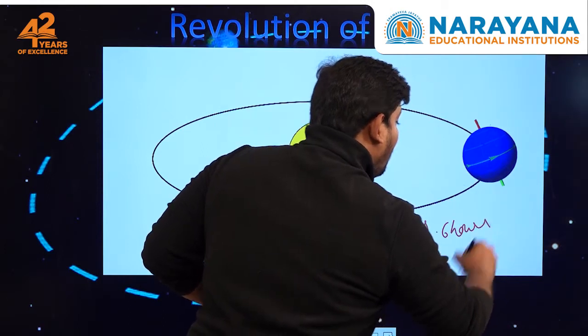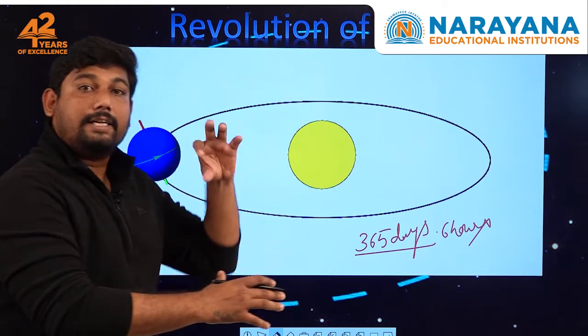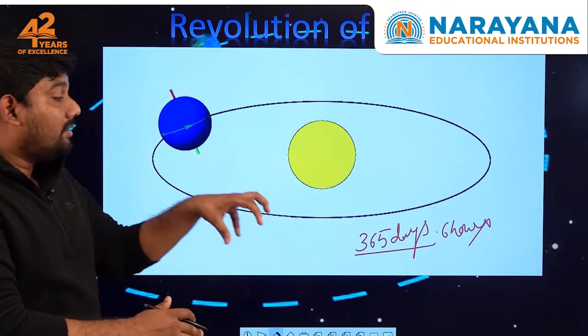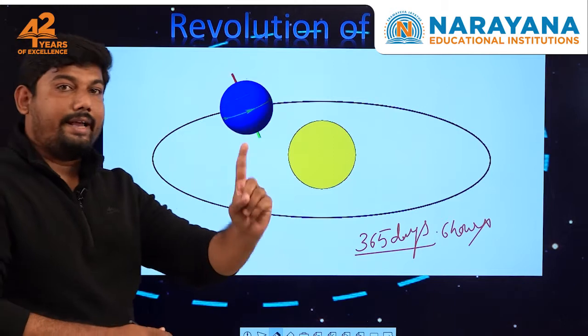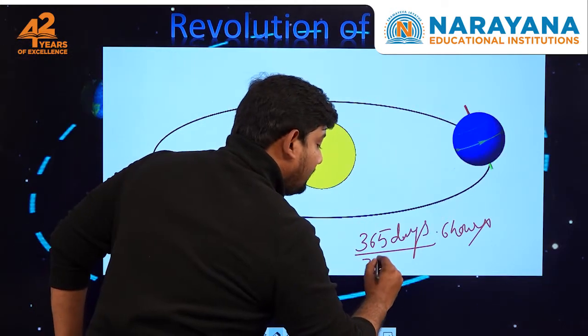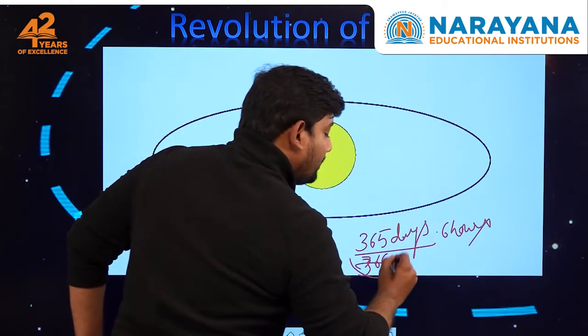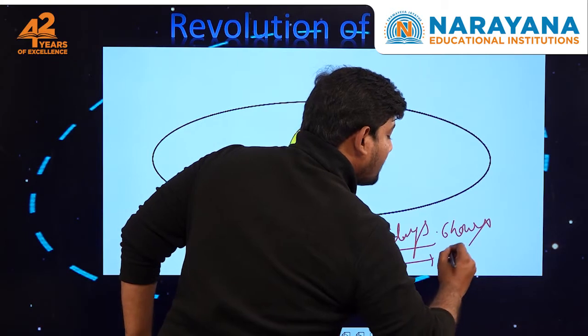After 4 years, these extra 6 hours are added, and that year has an extra day of 24 hours, so it has 366 days. This year with 366 days is known as a leap year.